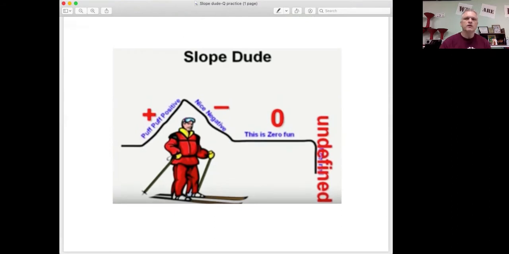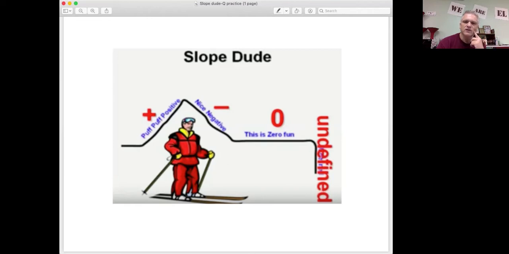And okay, so maybe you like to utilize the Slope Dude. Slope Dude is skiing up and down slopes. So he's working hard to get up the slope, because remember, we always go left to right. So he's going up the slope, that's why it's puff, puff, positive. And he's going downhill and it's easy and it's nice, negative.